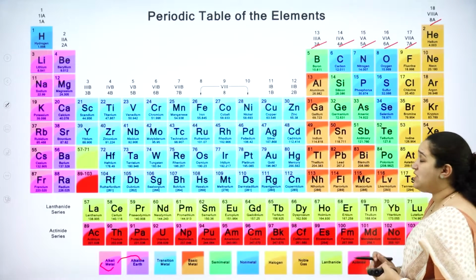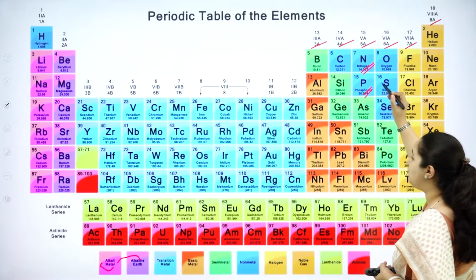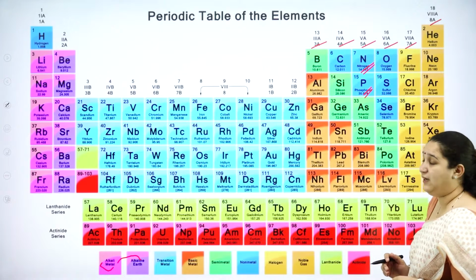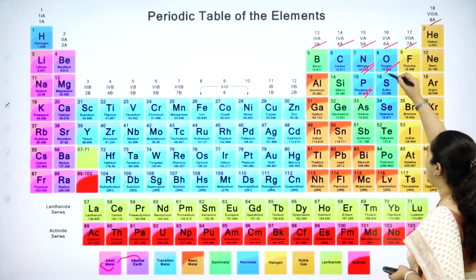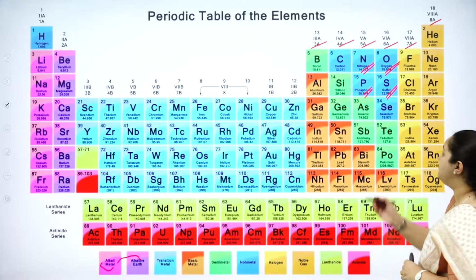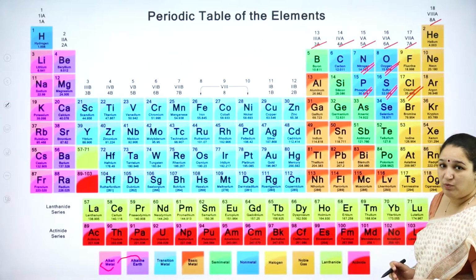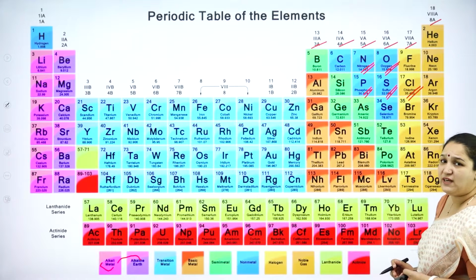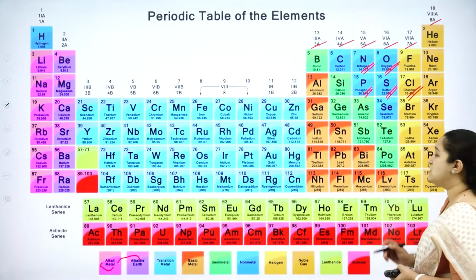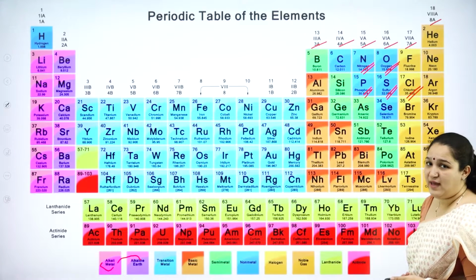Then we are going to study under group 15 about nitrogen and its compounds, phosphorus and its compounds in detail. Under group 16, oxygen and its compounds, sulfur and its compounds in detail. Under group 17, you will be studying about chlorine and its compounds. Also, you will be studying about interhalogen compounds. Group 18, you have very little for your exam.